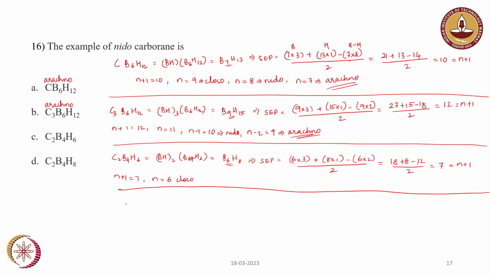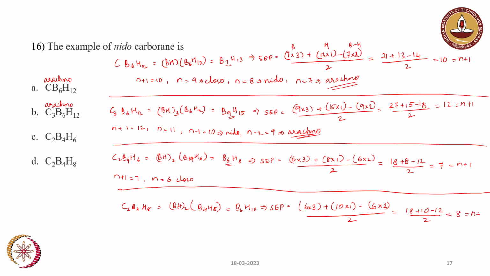And last one is C2B4H8, means BH twice plus B4H8 equal to B6H10. So SEP equals 6 into 3 plus 10 into 1 minus 6 BH units, that means 6 into 2, divided by 2, it will give 18 plus 10 minus 12, divided by 2, which is 8, equal to n plus 1.